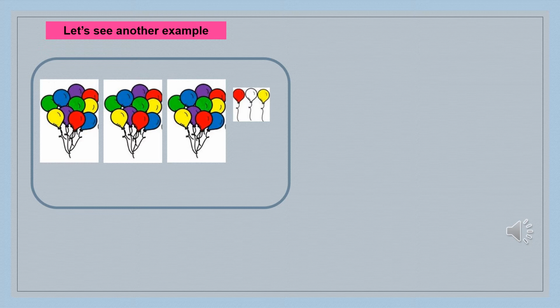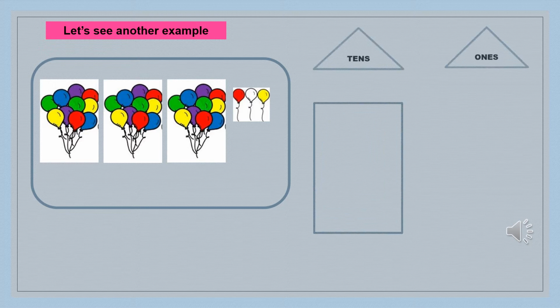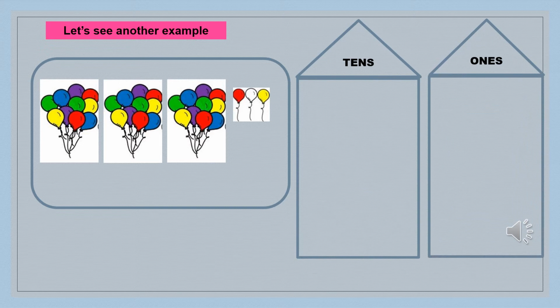Now what do we want to do? We want to place these balloons in their respective houses, that is tens house and ones house. You all know that in the tens house a group of 10 can come. Here in the picture we have 3 groups of tens, so all 3 can go into tens house, isn't it so?